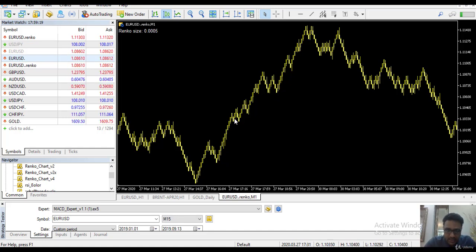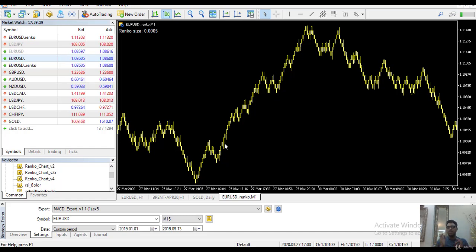So this is where you have seen a little correction, then it moved up, and then 2 bricks down as well, and then all the way up here. 2 bricks down here, and then all the way up here. So this area, 21 bars, represents that H1 time frame.